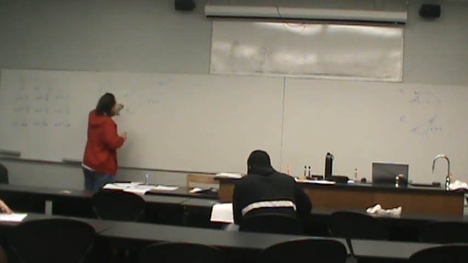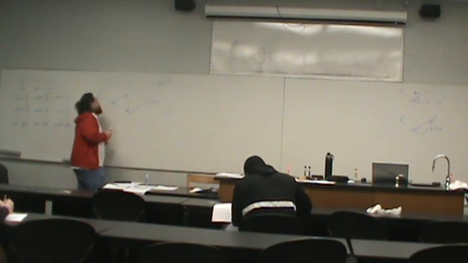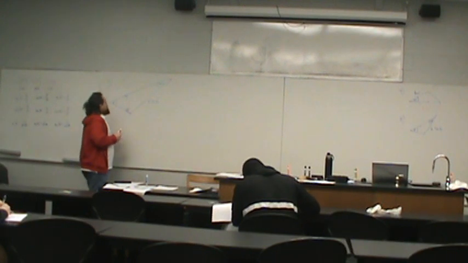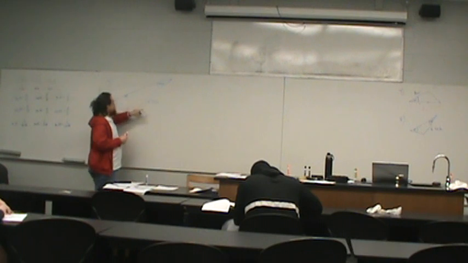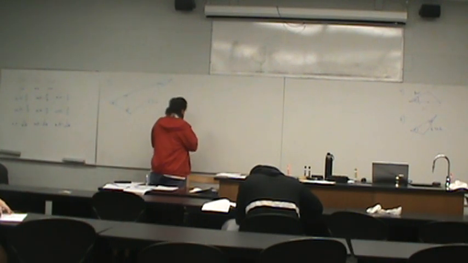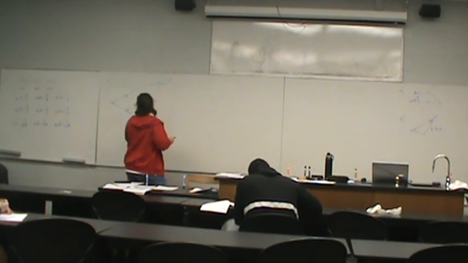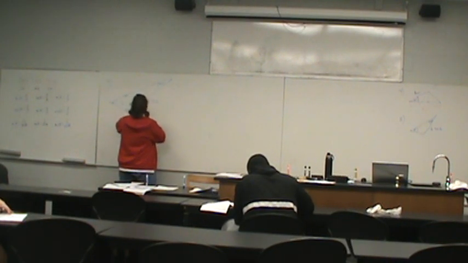I might just tweak my drawing slightly. Then on the other side, if this is 90 and this is some other number, we can pretty quickly find this piece as well. I'm going to label these as 1 and 2.